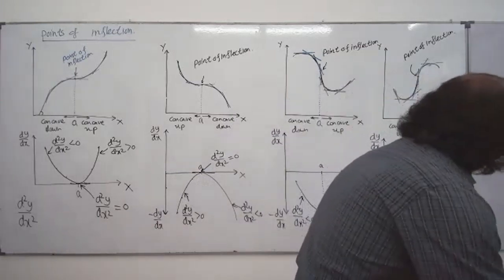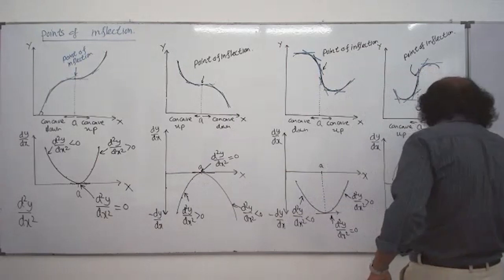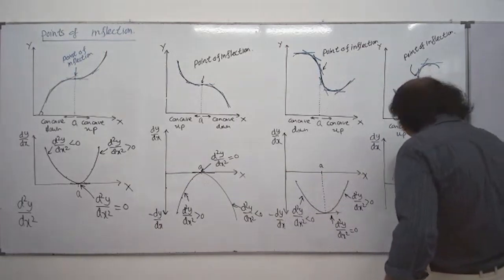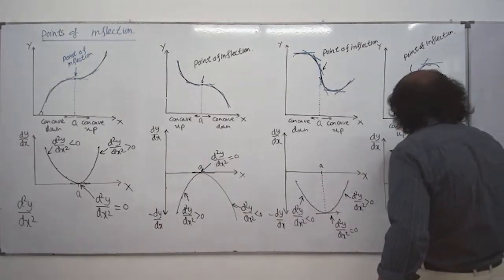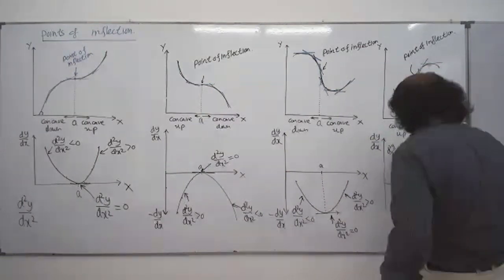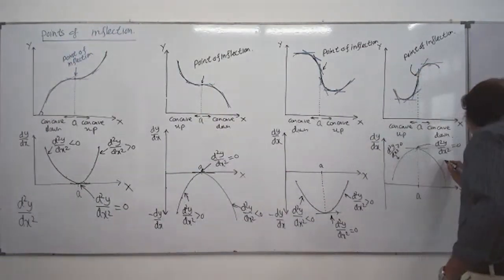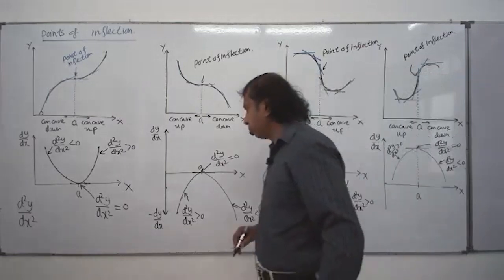Right, here also you can come to this point, what can we say? Second derivative 0. Second derivative positive here. Here second derivative negative, this interval. Mark them too.